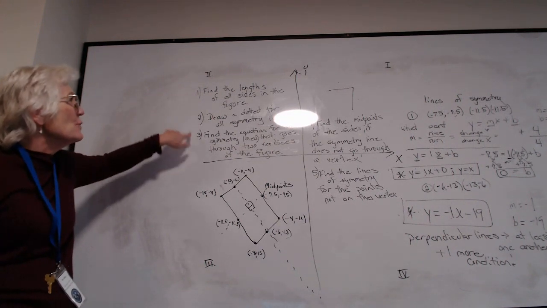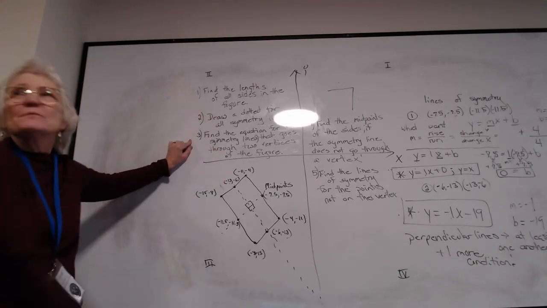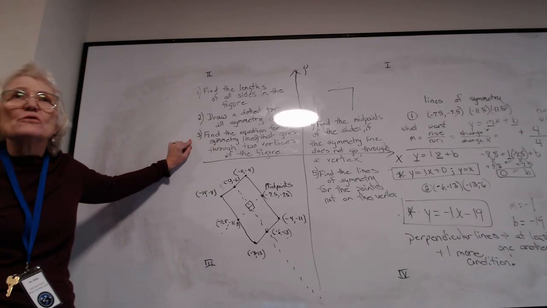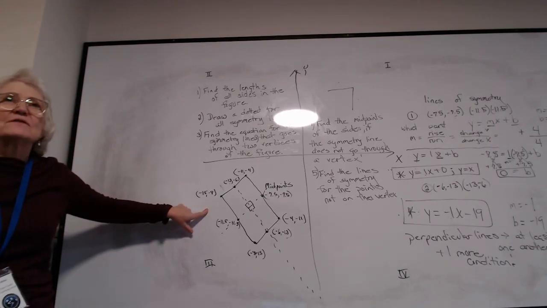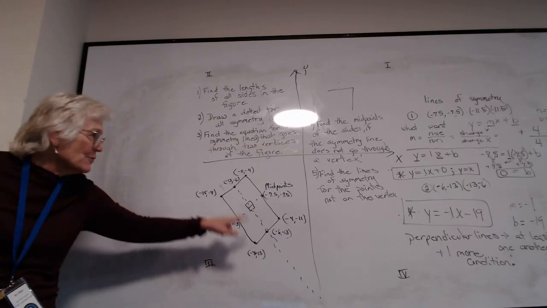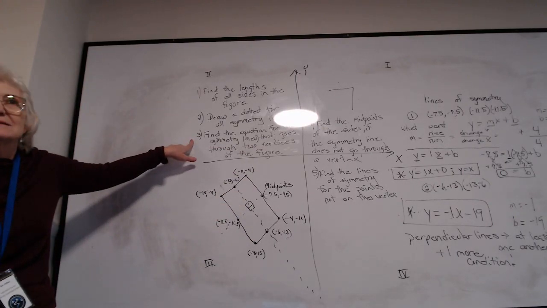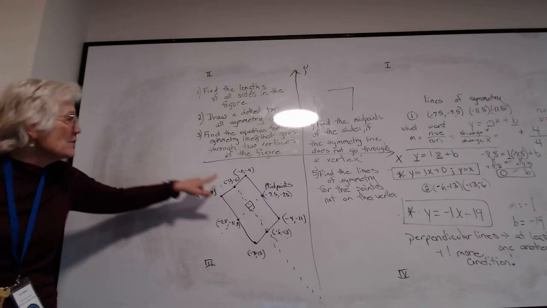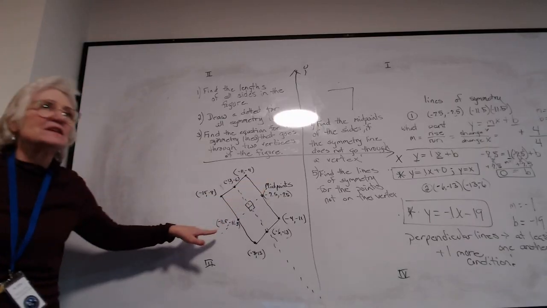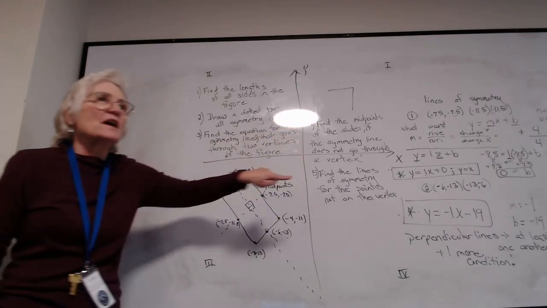So we only had to do 1, 2, and 3, because we didn't have a line that went through the midpoints. Here, for this one, it didn't go through any of the vertices, so we're going to skip number 3. You skip number 3 if they don't go through the vertices. It only went through the midpoints of these opposite sides. And so then you go up to 4 and 5.